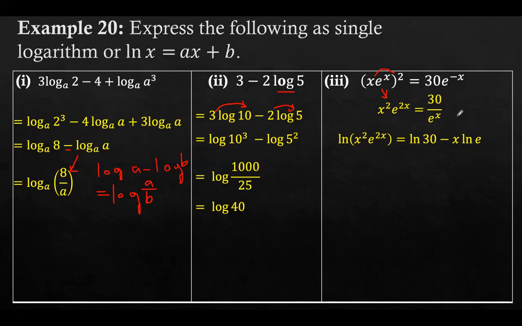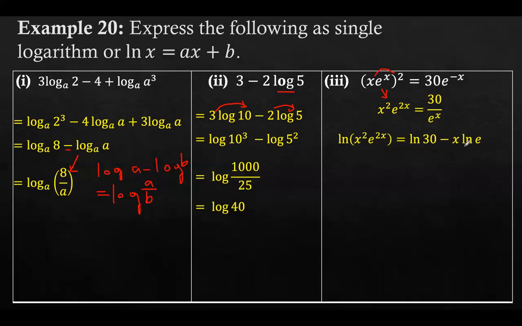So how to get this? From here, you bring ln for both sides. So 30 divided by e to the power x becomes ln 30 minus ln e to the power x. Then we can simplify it to ln 30 minus x ln e.